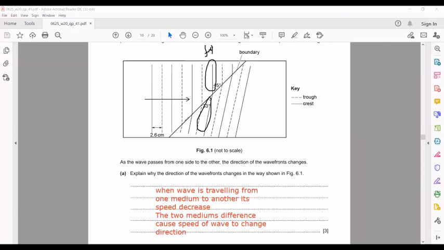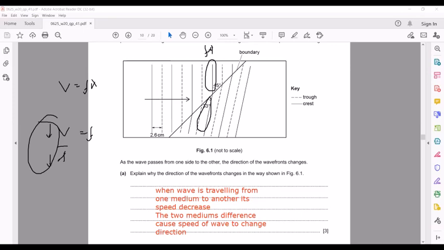There is no change in frequency. About the wavelength: we have the formula v = fλ, so v divided by λ equals f. If the speed decreases, the wavelength also decreases, but the frequency remains constant. The speed and the wavelength change as the wave travels from one medium to another.